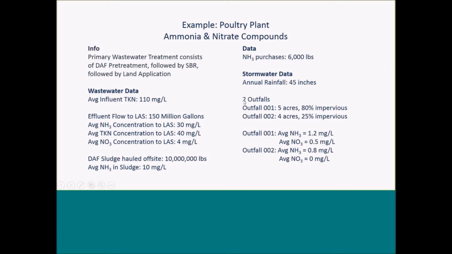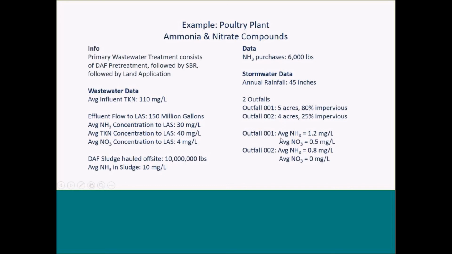I also have some stormwater data. As you'll see in just a moment, you'll need to know some information about your stormwater outfalls as far as the drainage area. So in my example, I have 2 outfalls. As you can see here, outfall 1 is 5 acres. It's 80% impervious. Outfall 2, there's the information on it.